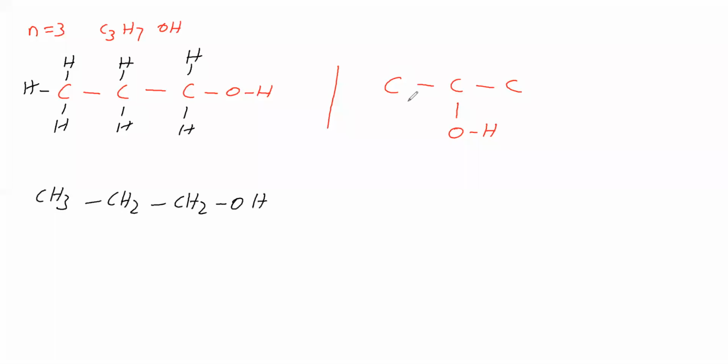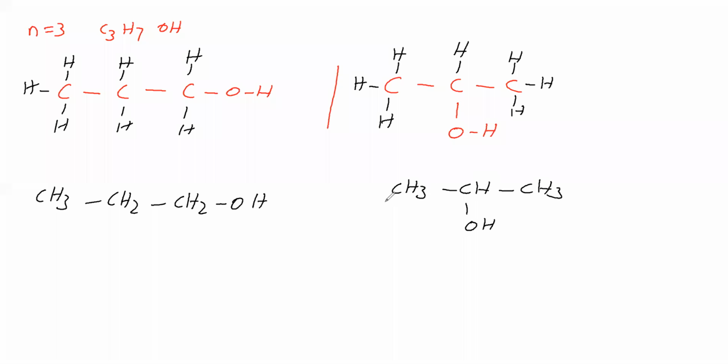In the other compound, the terminal carbons get 3 hydrogens, and the center carbon has 3 bonds, therefore give 1 hydrogen. Now we can write this as CH3CHOHCH3.